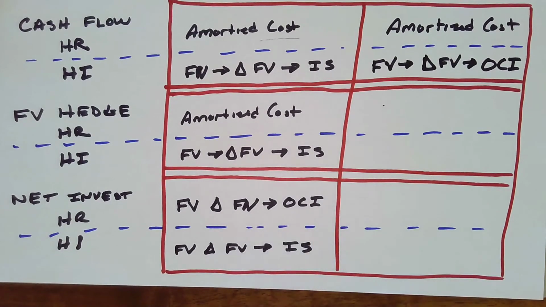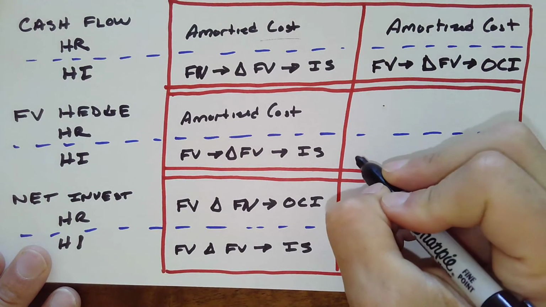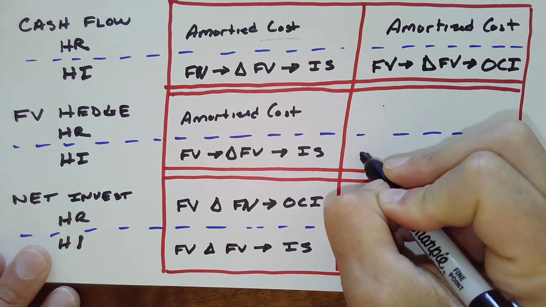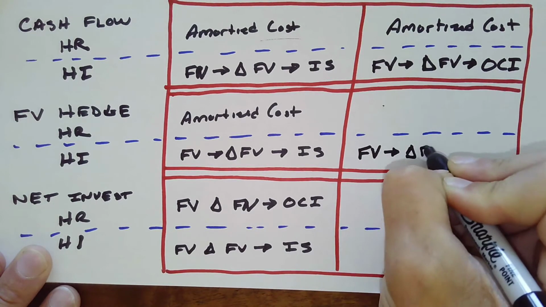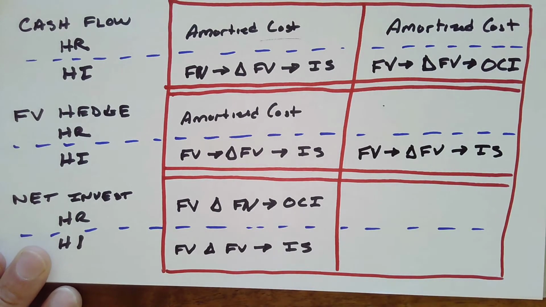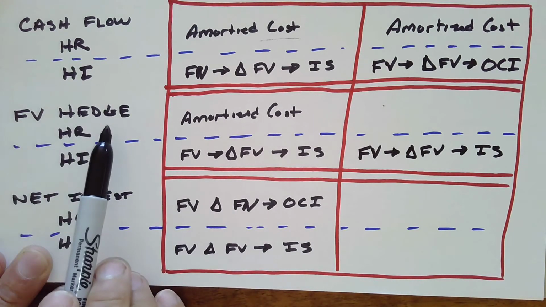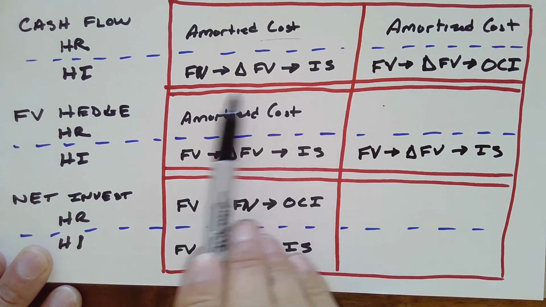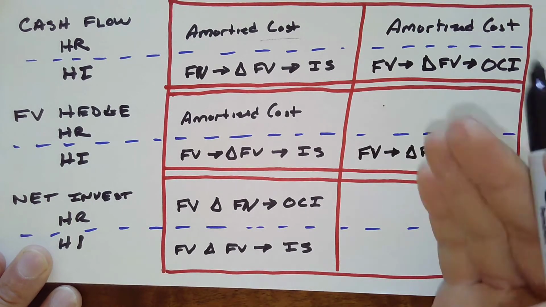Well, how about the fair value hedge? Well, with the fair value hedge, one of these things doesn't change, and that is how we handle the instrument. This is still going to be fair value with changes in fair value going through the income statement. So what's the benefit? Well, if you qualify for a fair value hedge, you're no longer doing this at amortized cost or lower of cost or market or lower of cost or net realizable value.